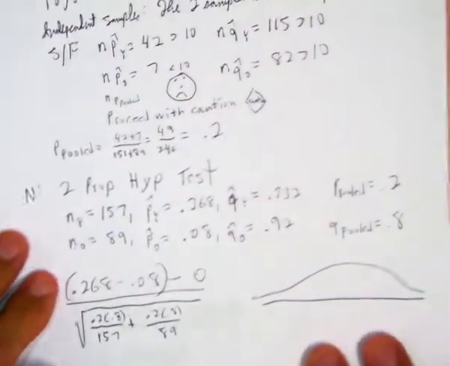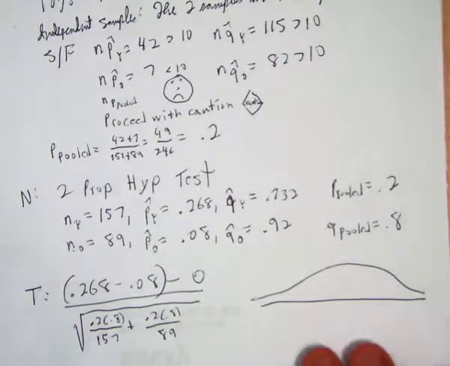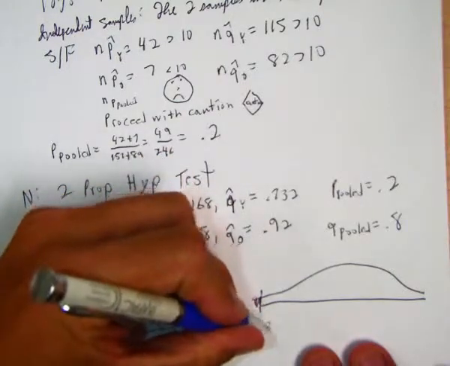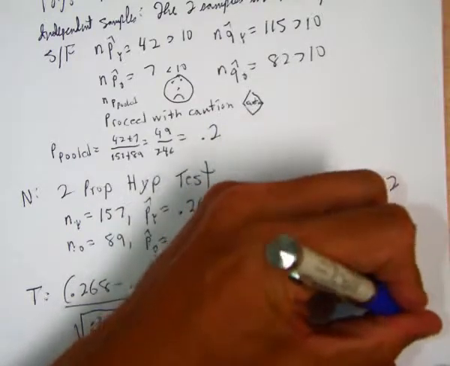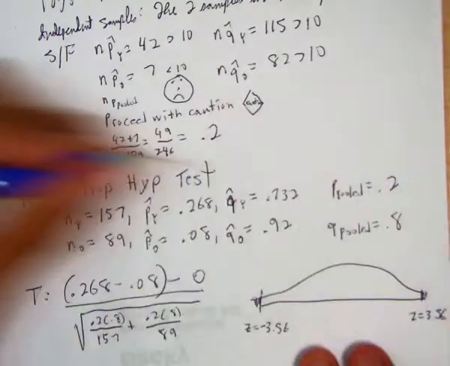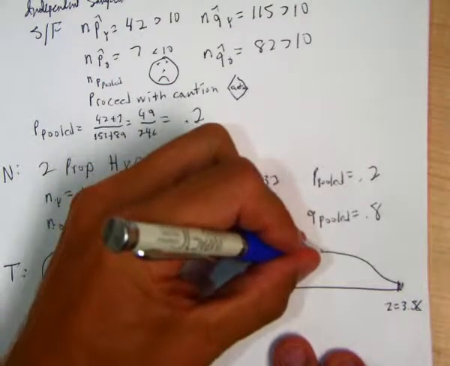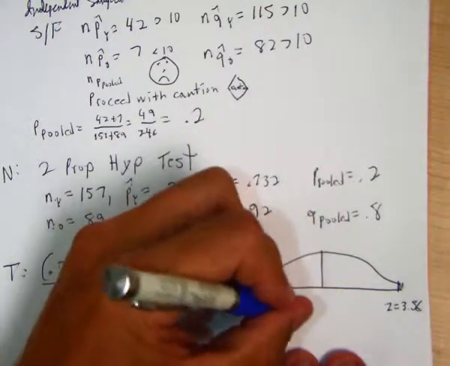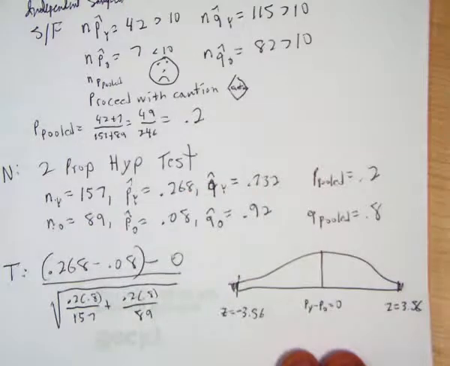So we got a z of 3.56. So this is z equals negative 3.56 and z equals positive 3.56 because it's a two-tailed test. This is where p sub y minus p sub o equals 0.